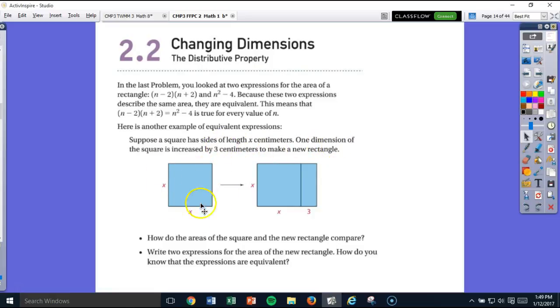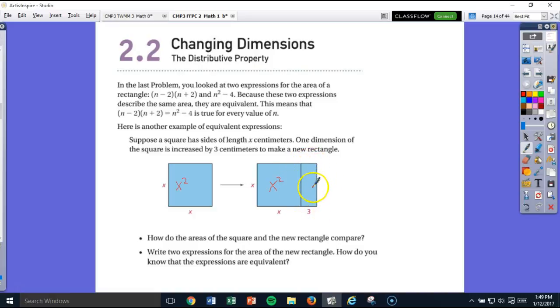So we start out with our square, and both sides obviously are labeled as x. If we were going to find the area of this, it would be x squared. We still have our square in here, so we're going to put this part as x squared, but now we have this other little rectangle added on to it.